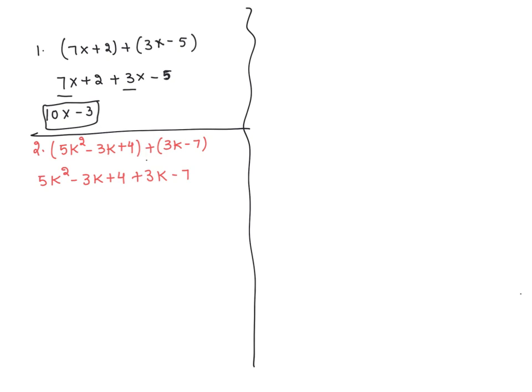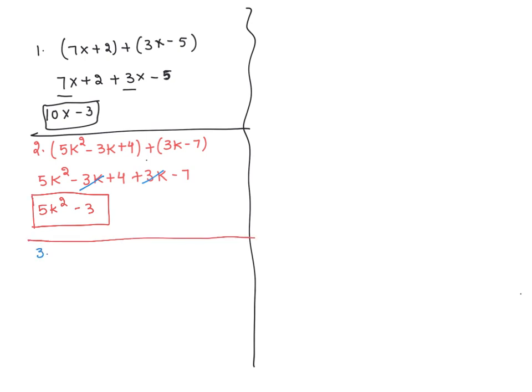The k squared has nothing to combine with, so it will remain as it is, 5k squared. But remember, negative 3k and positive 3k cancel completely, making it 0. What you're left with is 4 minus 7, and that's going to be negative 3. So this should be my answer.